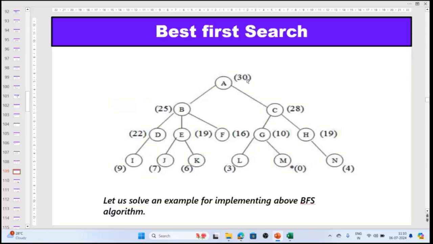This indicates some knowledge is with you, some approximation is there, some cost is there, and you know all this, and you are now finding the path. So that is the basic difference between informed search and uninformed search. Now this is informed search and the best first search algorithm. Now we have to choose every time best first, that is, lowest penalty first.